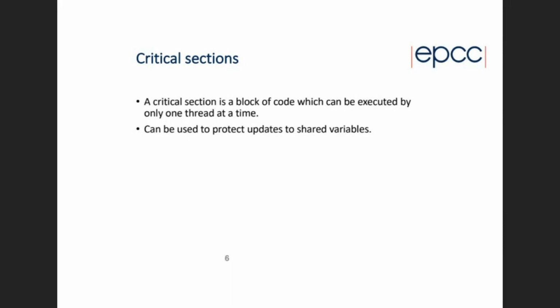Okay, so the next synchronization construct I want to talk about is critical sections. A critical section is a block of code which can be executed by only one thread at a time. This is a mechanism that can be used to protect updates to shared variables.